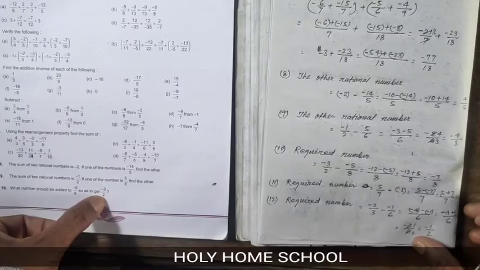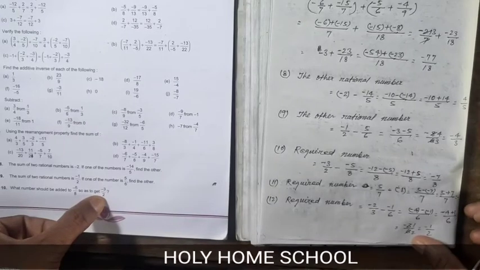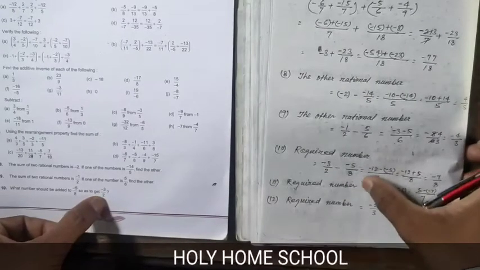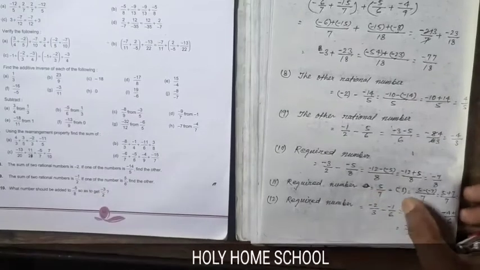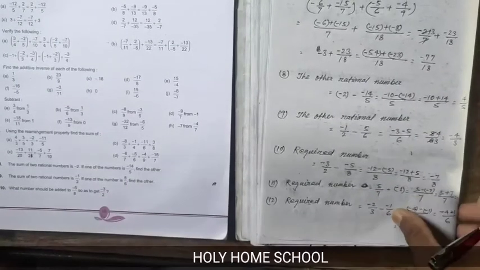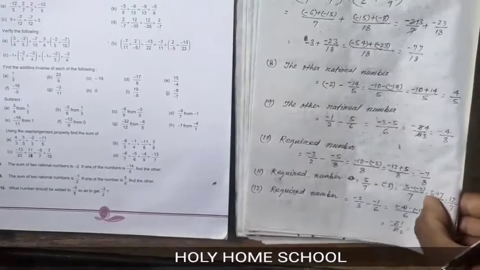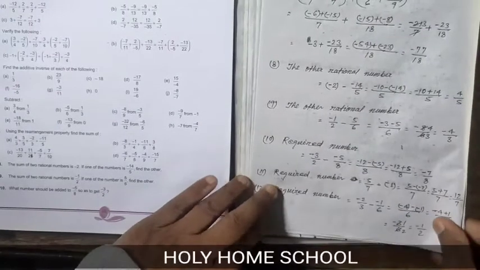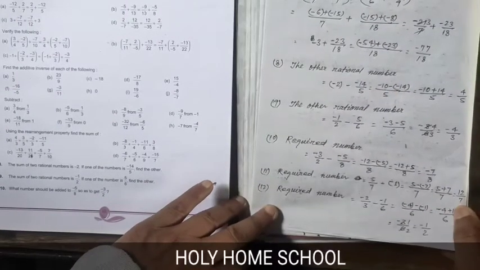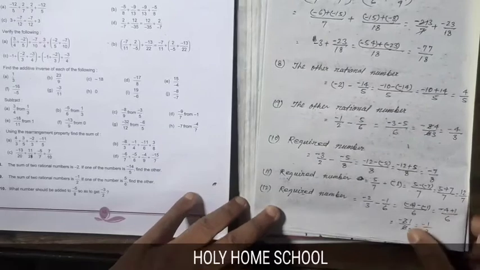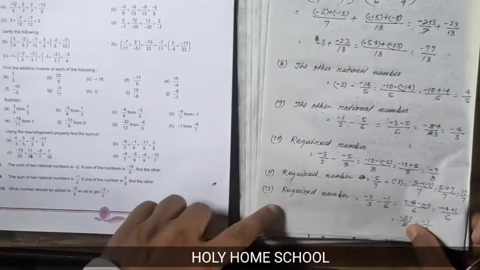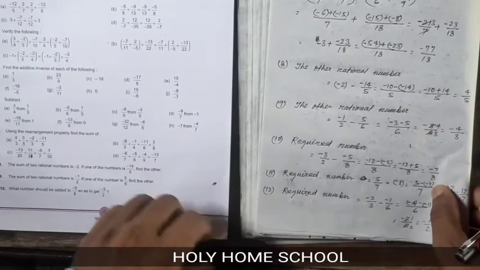So the required number is equal to minus 3 by 2 minus 5 by 8, and in such a way when we solve, we get the answer minus 7 by 8.